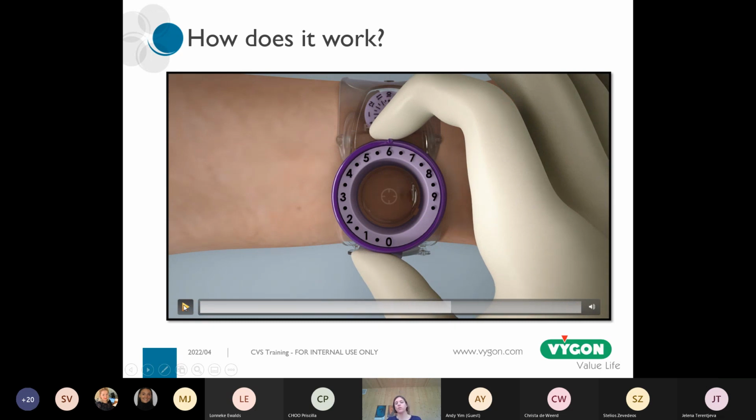Okay, so the final compression level is at 6. In this example, this is an example. For all patients, it is different. So just an example.